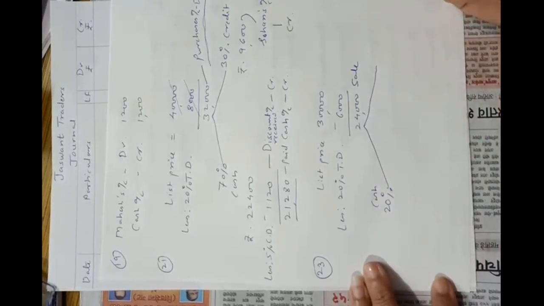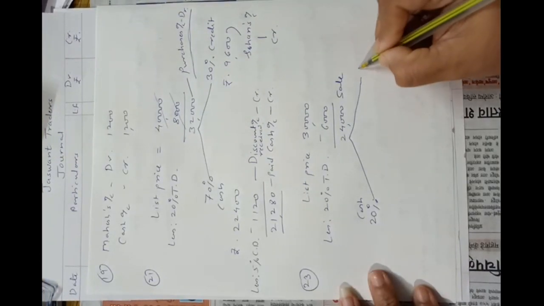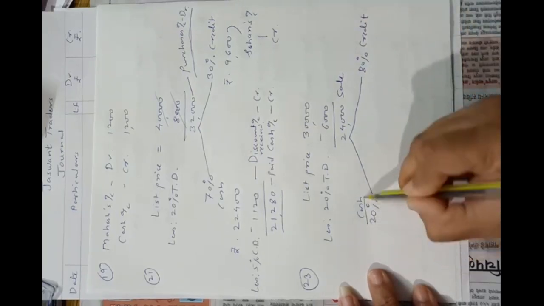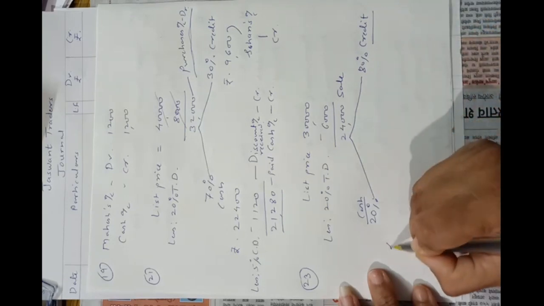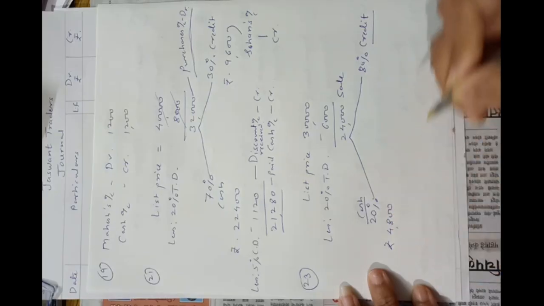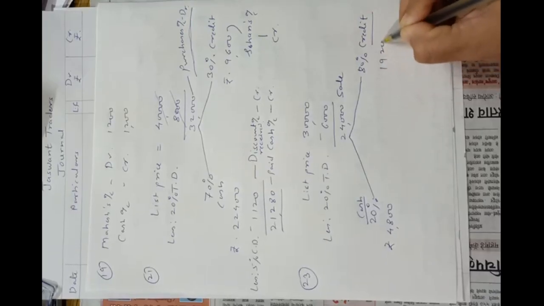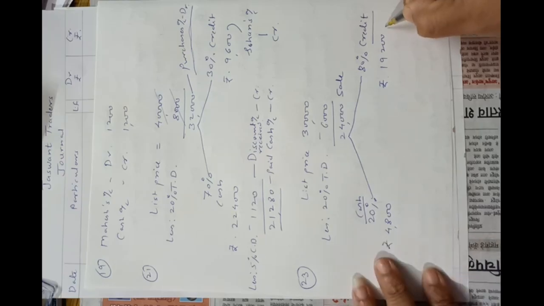If paid by check or cash, it is called a cash transaction, and if it is on credit, it is called a credit transaction. So 80% amount will be credit transaction. Okay, this is cash transaction, this is credit transaction. 20% of 24,000 will be rupees 4,800 and remaining amount is of credit, that is 19,200. Correct. Party's name given is Sunil, so credit transaction will be posted on the name of Sunil's account here.